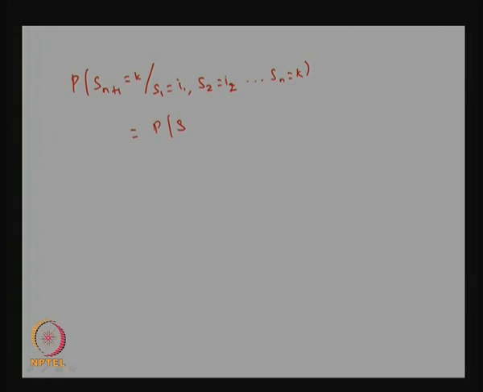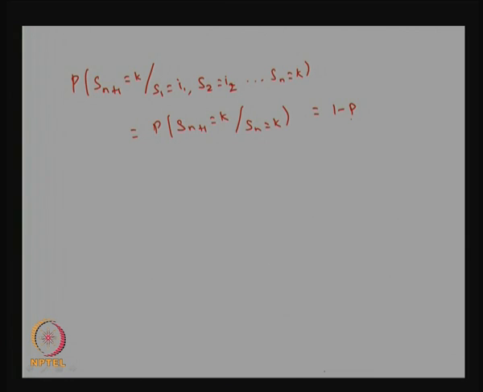It is the same as the probability that Sn plus 1 is equal to k, given that Sn is equal to k. That is the probability that the value stays the same k in the subsequent trial, which is possible with the appearance of a tail in the n plus 1th trial. Therefore, the probability is 1 minus P, or I can use the notation q.